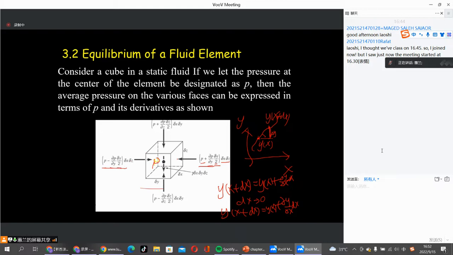And times the area, because we assume the cubic element is small enough that the pressure is uniformly distributed on the surface. So we get the pressure force acting on the left surface. Similarly, we can do the y direction and z direction. This is Taylor series expansion, okay?